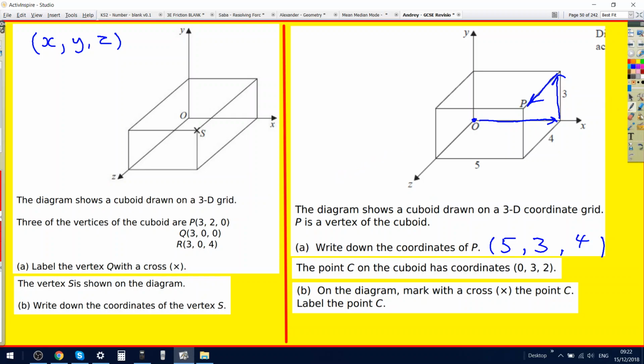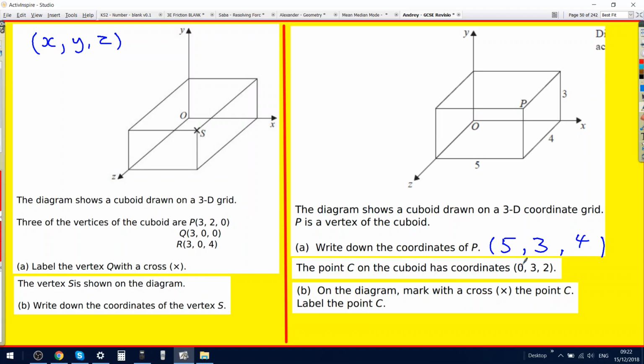Okay. Next one. B. Yeah. So would it be like on the corner above 3 and then 3? So let's see.